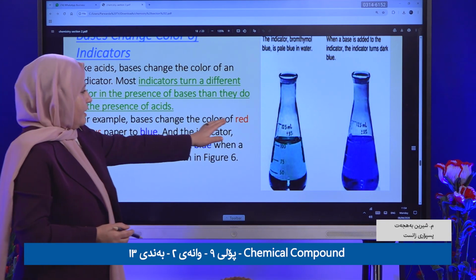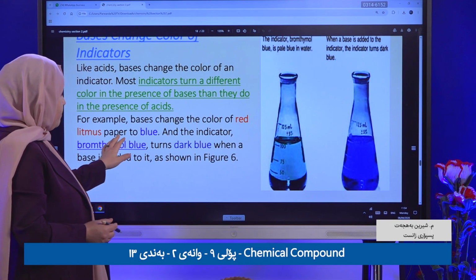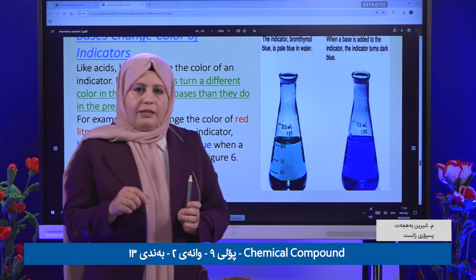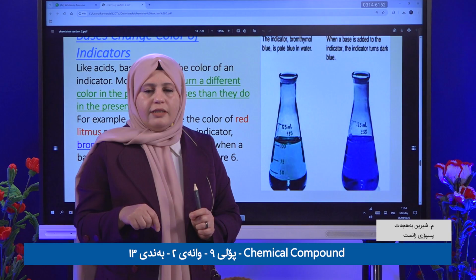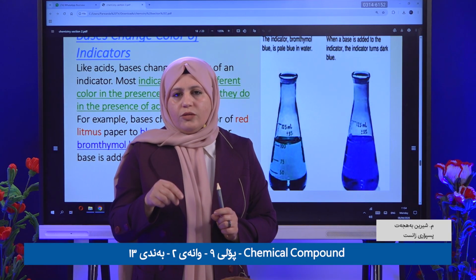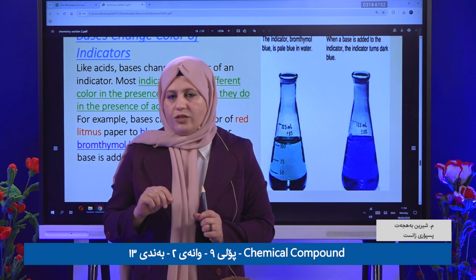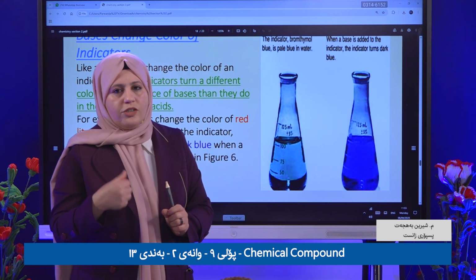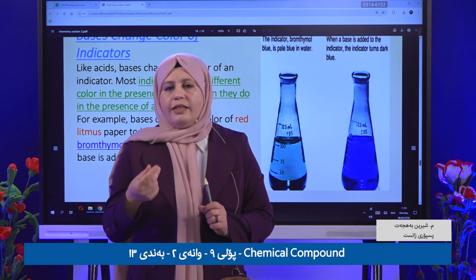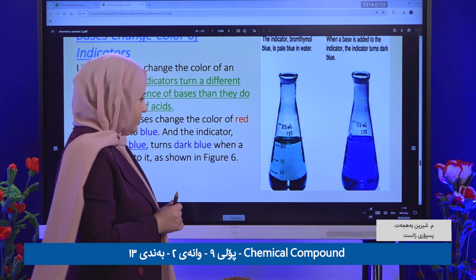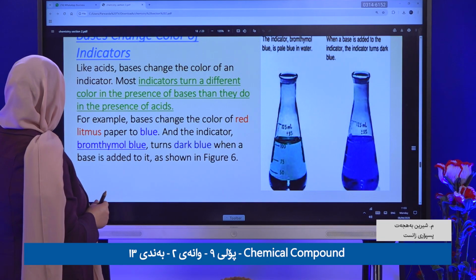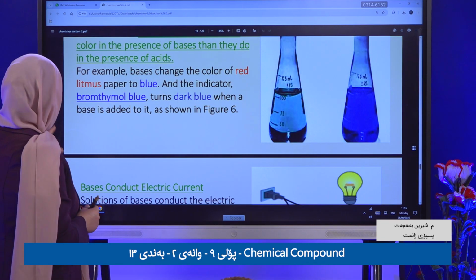For example, if you put red litmus paper into a liquid and it changes into blue, that means a base is included in the solution, okay? When bromothymol blue changes from pale blue into dark blue, it means a base is present in the liquid. Clear? This is very important to know for the national exam.